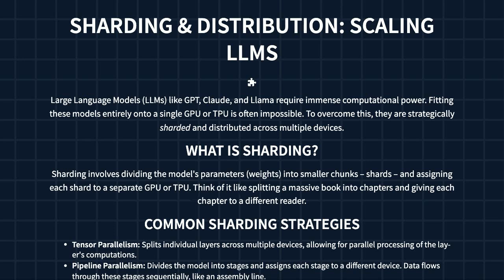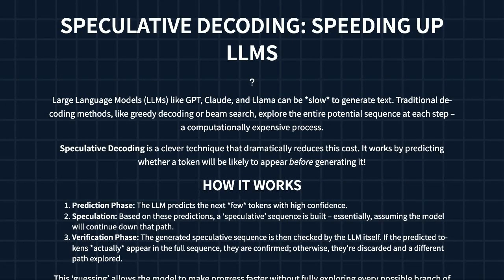There are two main ways this happens: tensor parallelism, which splits individual layers across multiple devices, and pipeline parallelism, which divides the model into stages and handles them in sequence. TPUs are specifically designed for these kinds of massive computations and often outperform GPUs when it comes to LLMs. Does that make sense?